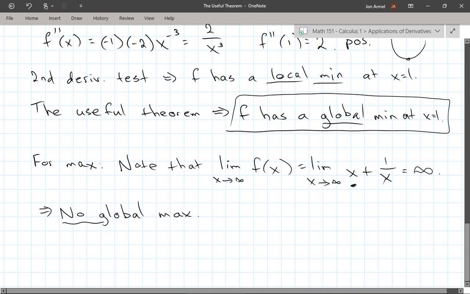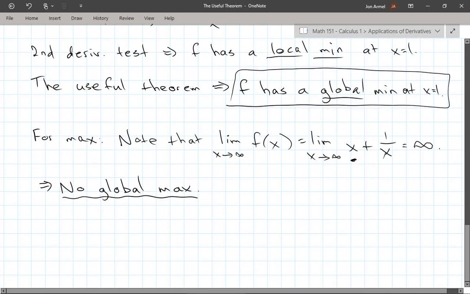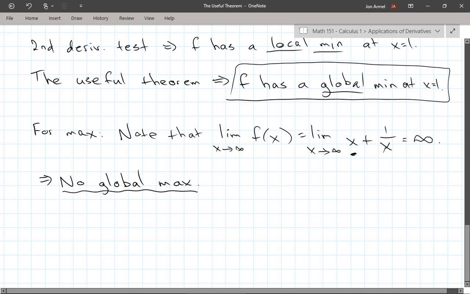So now we know there is a global min, it occurs at x equals 1, and there is no global max. Now I haven't actually found the minimum. I know where the global minimum occurs, but not what it is. How do you find the global min?